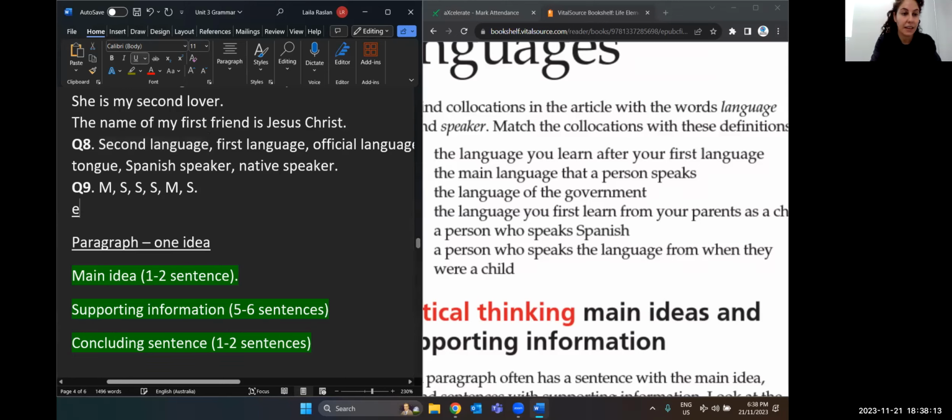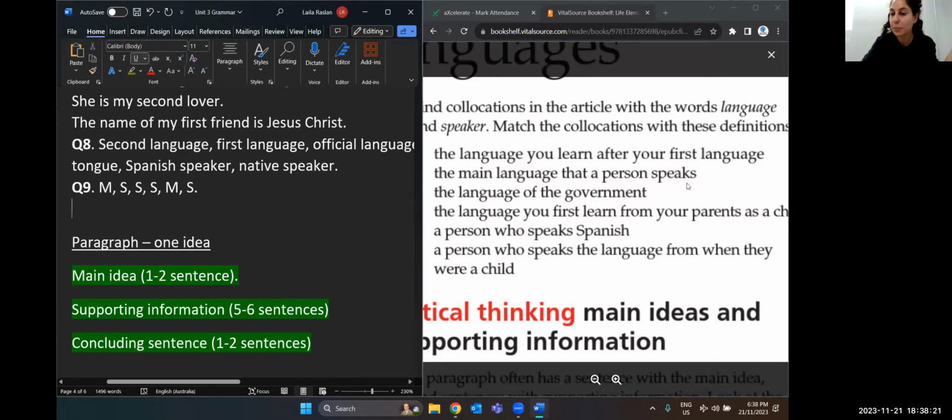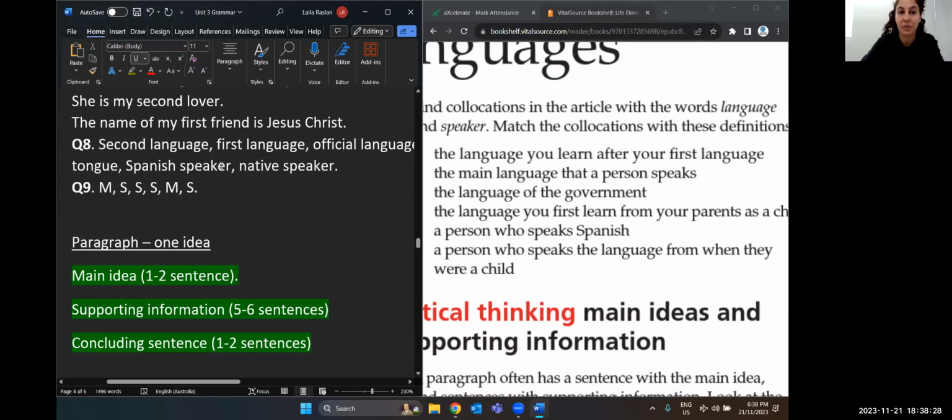If you know, ESL, English as a second language. Okay, your first language is called your native language. So the main language that a person speaks, that's their first language, or it could be their native language as well. For me, I could say English is my first language. English is my native language.